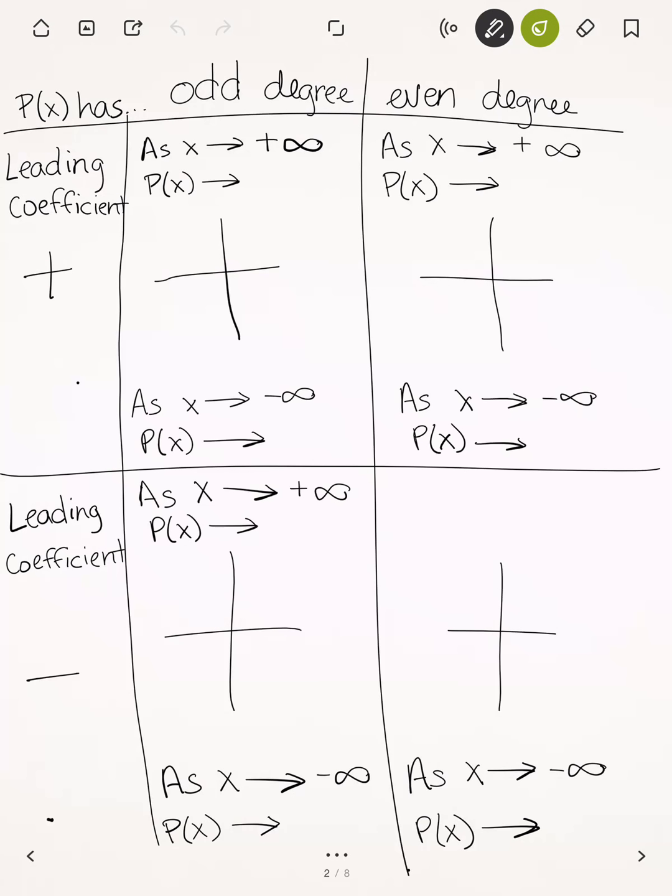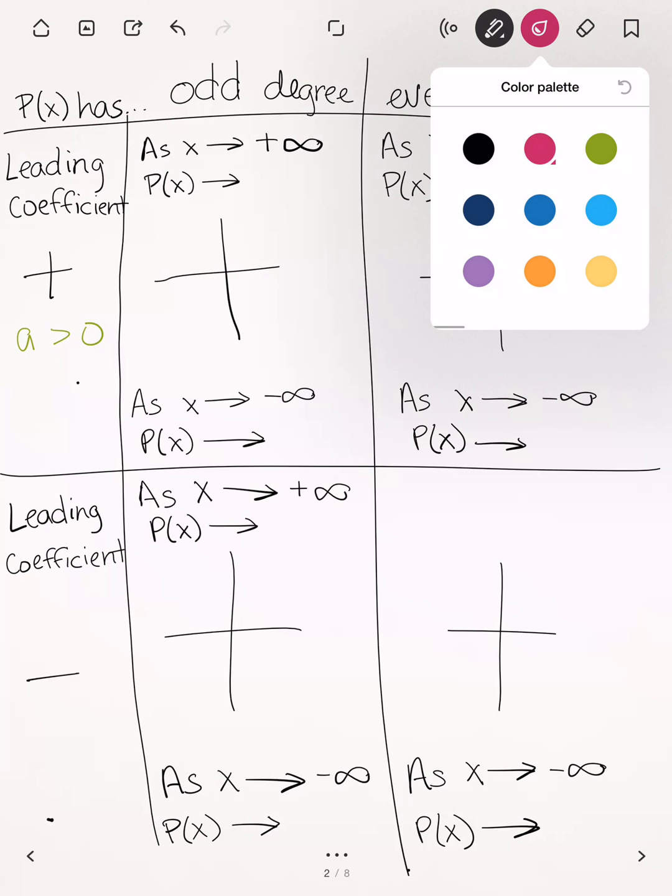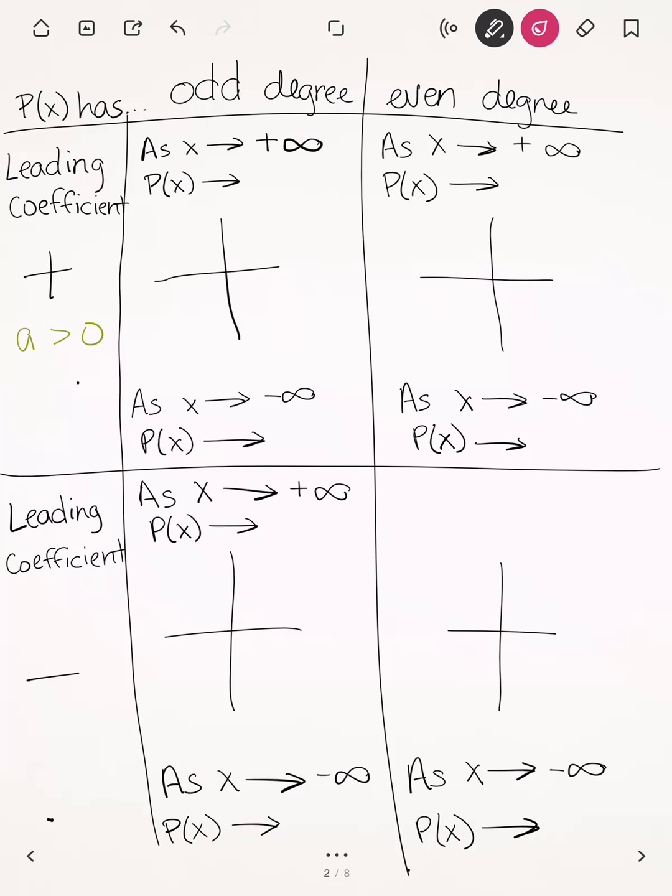If my leading coefficient is positive, meaning a is greater than 0, what my graph looks like is it starts going down, and then it ends going up. So this is what an odd degree would look like if my leading coefficient is positive.